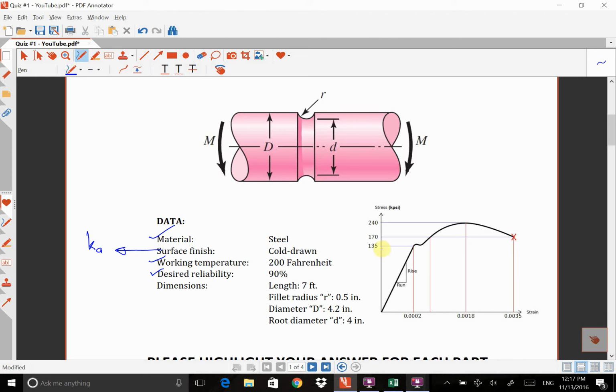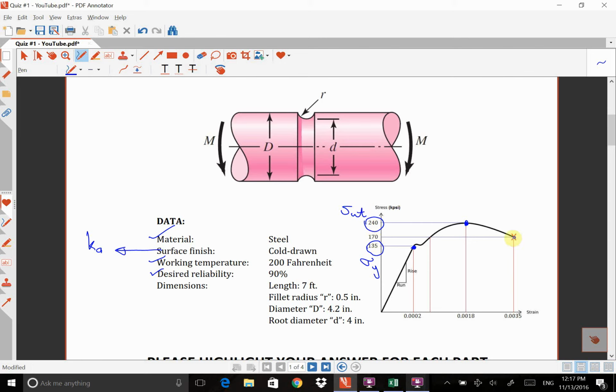And there are three numbers here in this stress-strain diagram. The first one is 135, and this is for this point. And this point is yield, so that's sigma yield, sigma y. This point has 240 kpsi stress, and this is the ultimate strength, Sut.